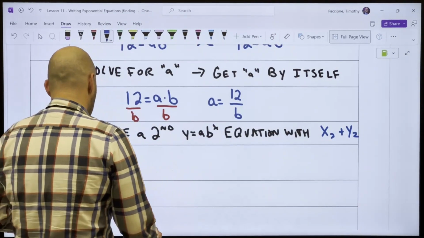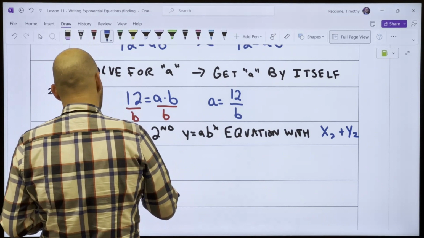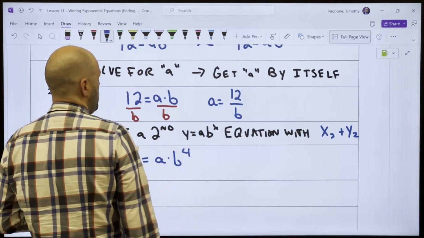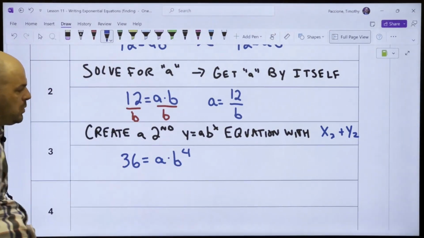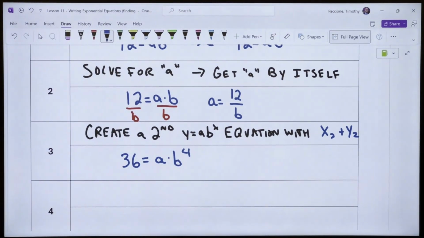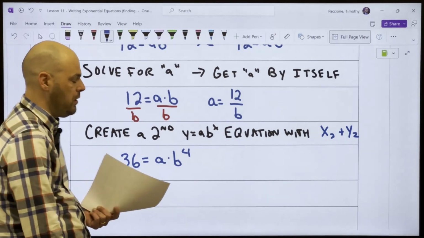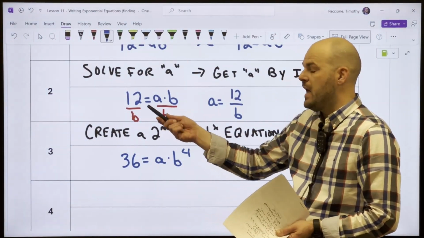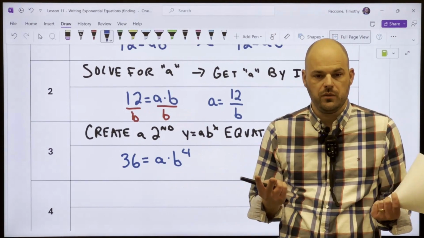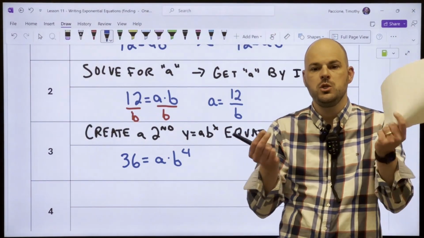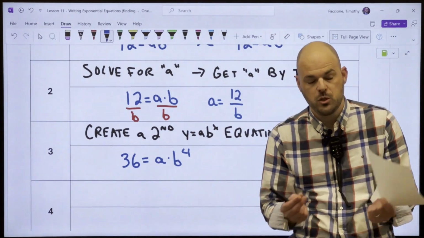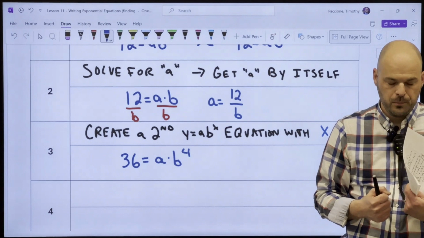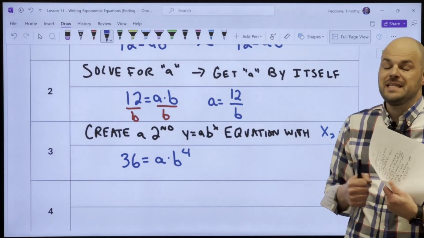So that looks like this. 36 equals a times b to the 4th. Okay? Now, the reason we haven't been able to find a and b so far is every time we had one of them, we had the other one. You can't solve for a letter if there's two of them, right? But when you have two different relationship definitions, two different formulas, you can combine them. It's a little bit like a system, right? And you can use them together.